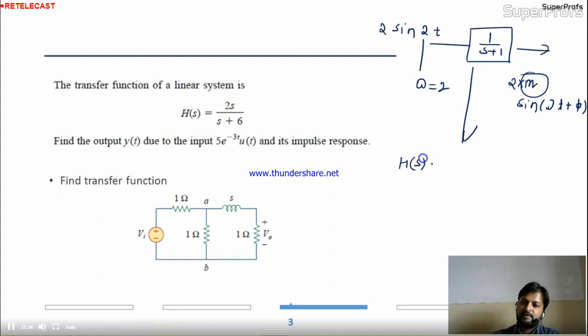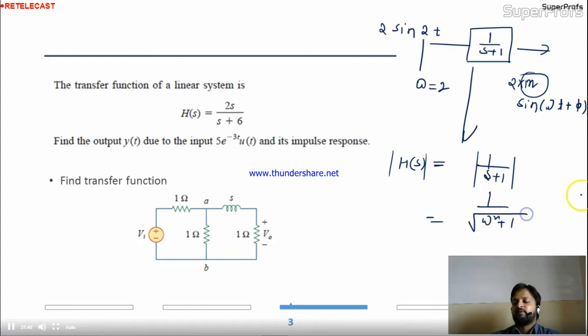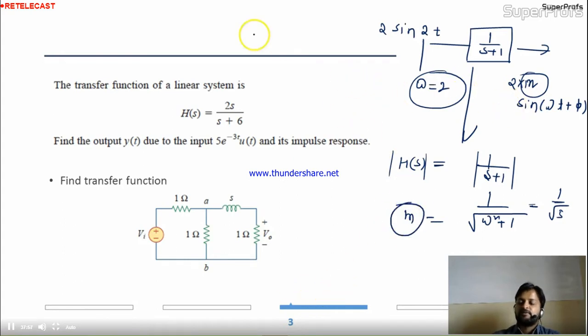The H(s) is given, right? 1 over s plus 1. Take the magnitude of this. Magnitude of this will be 1 over root of omega square plus 1. Now the omega is given over here. So this will be 1 over root 5. This is nothing but my M. So the answer is 2 into 1 by root 5 sin of 2t plus phi also.